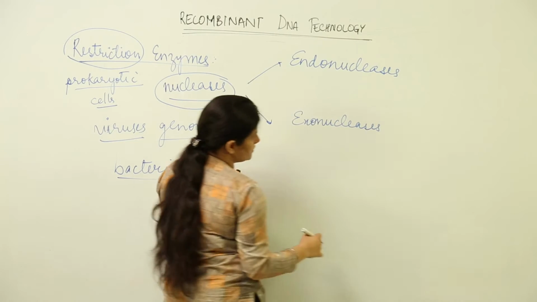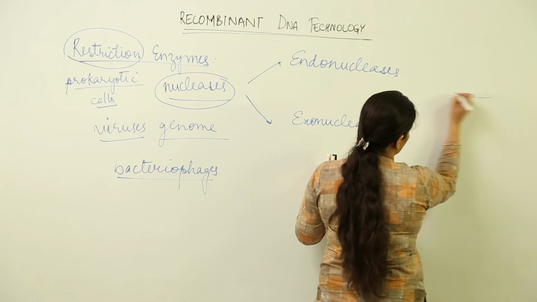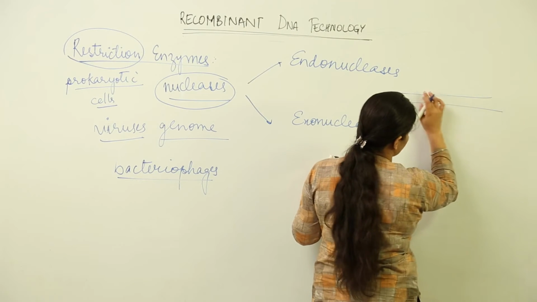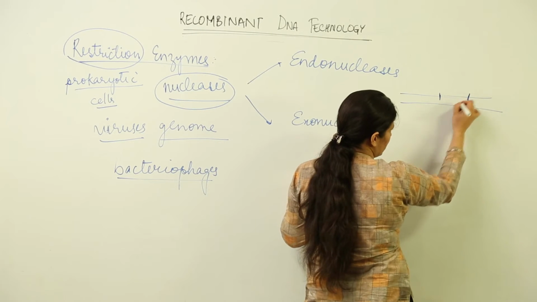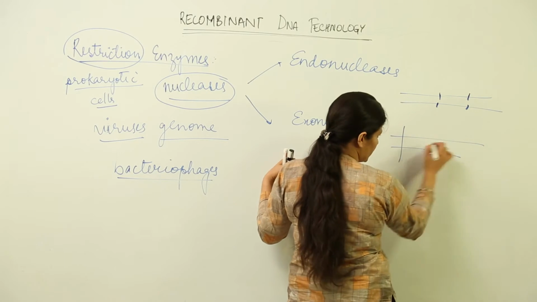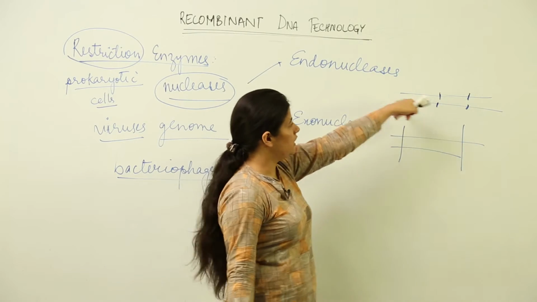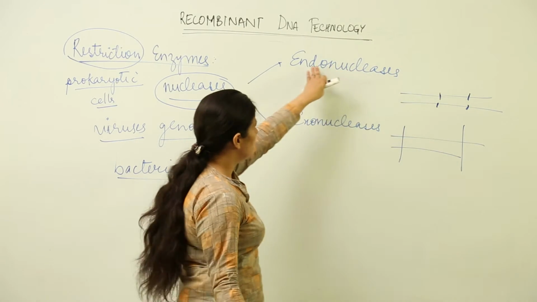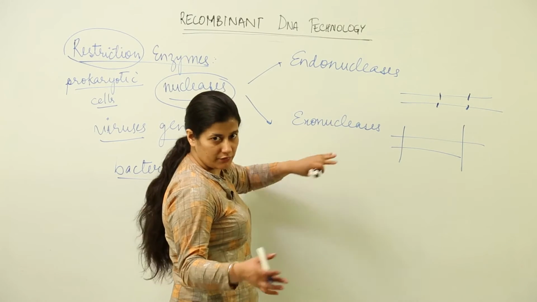Now from your knowledge about enzymes, you must know that an endonuclease is going to cut the nucleotide sequence or the polynucleotide or DNA from between, and an exonuclease is certainly going to cut it from the sides. Exonuclease, outside; endonuclease, in between. So this is the difference between endonuclease and exonuclease that we have to study.